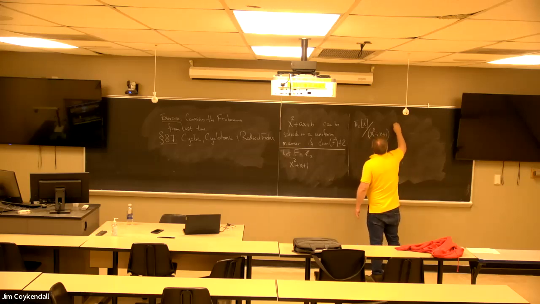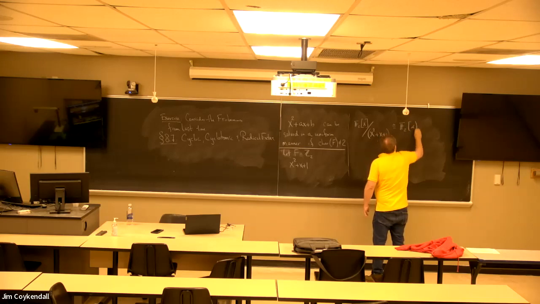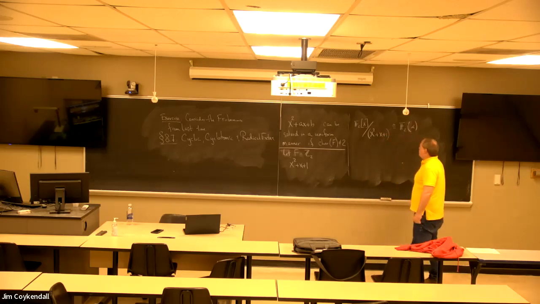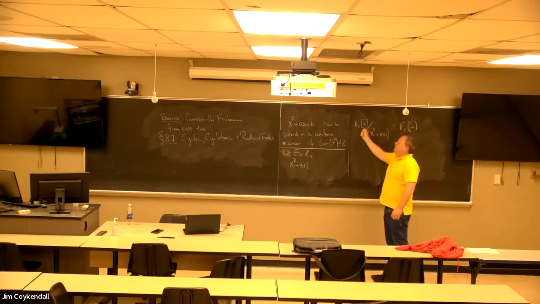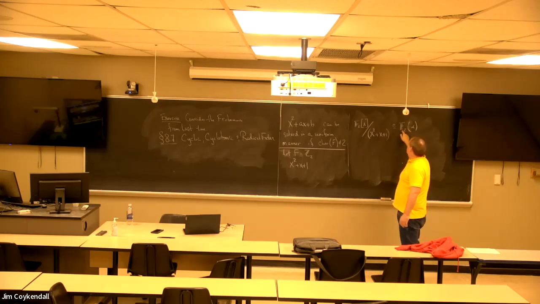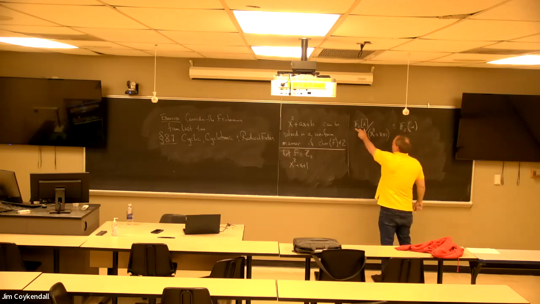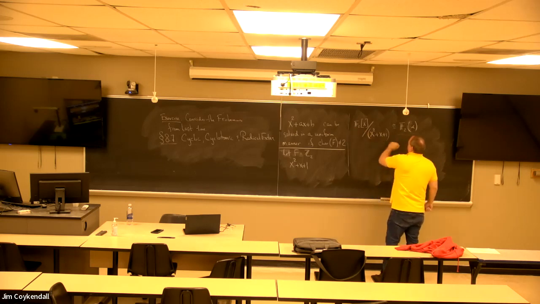Well, if you take F2[x] and mod out by this ideal, then you get a field extension, right? This is a PID, this is a maximal ideal, so this is a field.